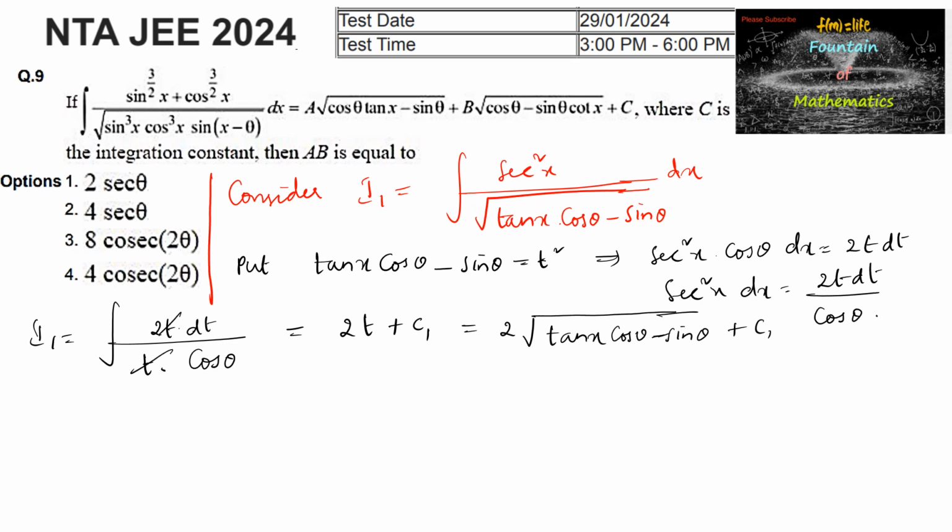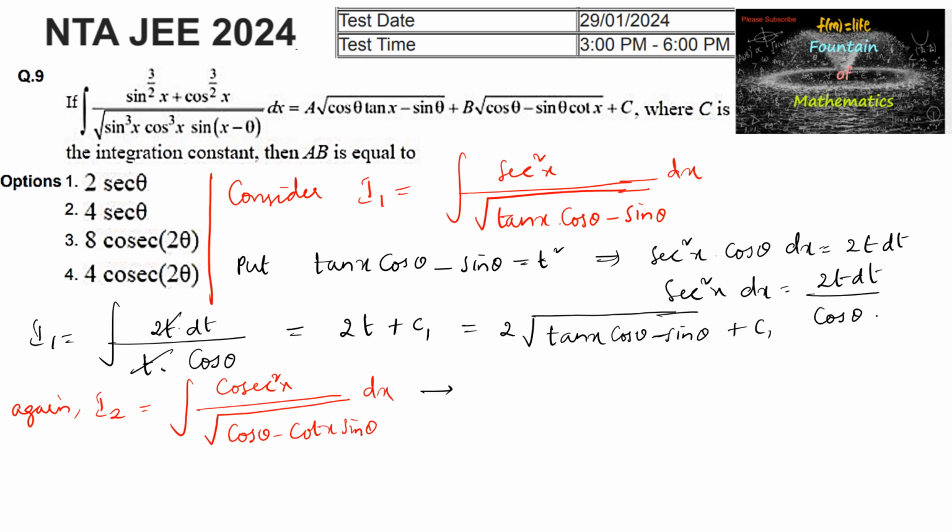Now consider I2. Again I2 is equal to integral of cosecant square x upon root of cos theta minus cot x into sin theta dx.